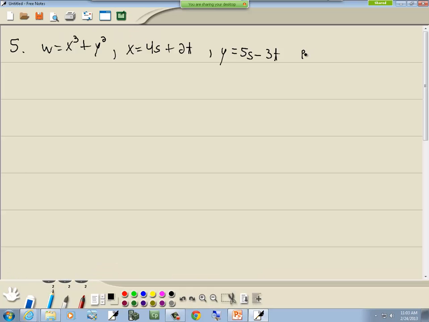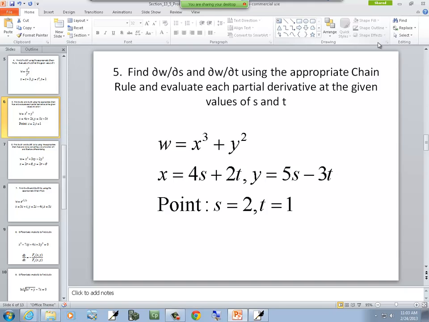And it's at the point s is equal to 2, t is equal to 1. Instructions say find the partial of w with respect to s and the partial of w with respect to t using the appropriate chain rule, and evaluate each partial derivative at the given values of s and t.